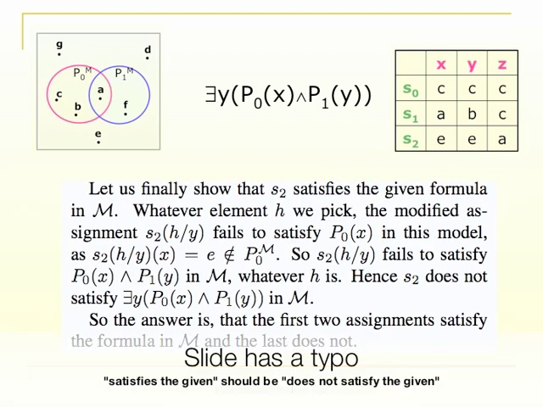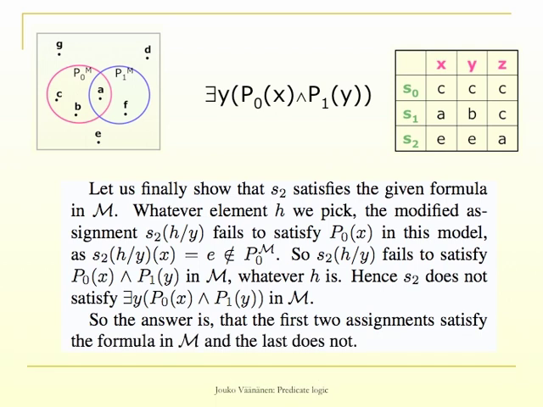Let us finally show that S2 does not satisfy the given formula in M. Whatever element h we pick, the modified assignment S2 h/y fails to satisfy P0x in this model, as S2 h/y of x equals e, which is not in P0 M. So S2 h/y fails to satisfy P0x and P1y in M, whatever h is.